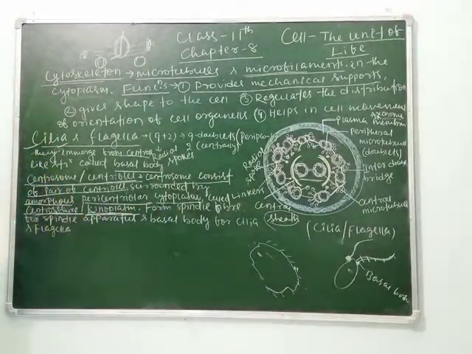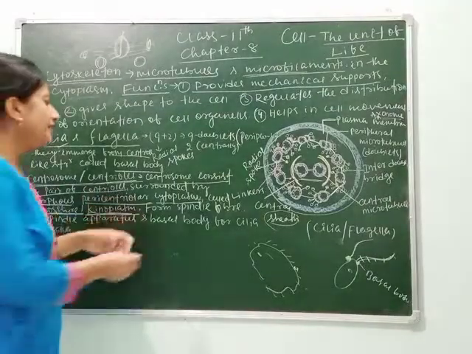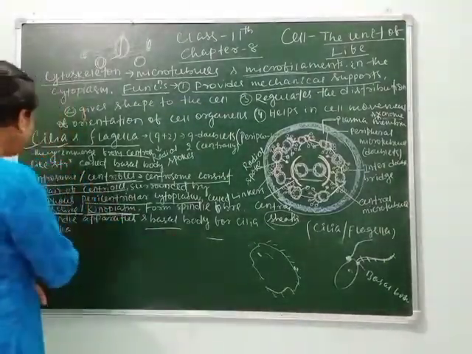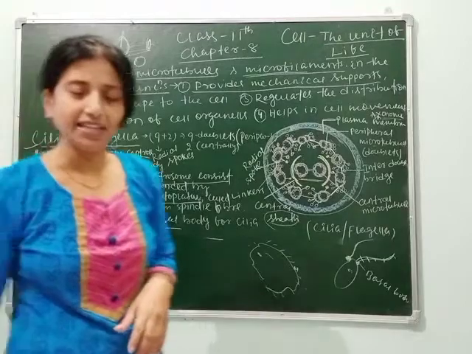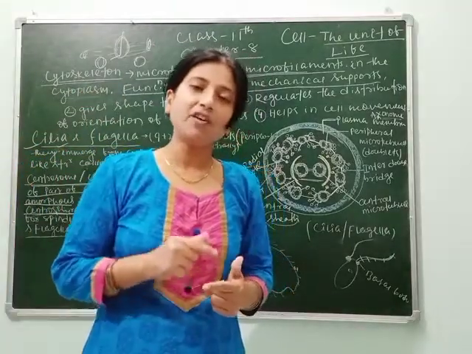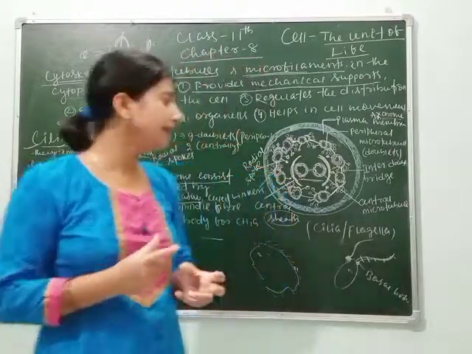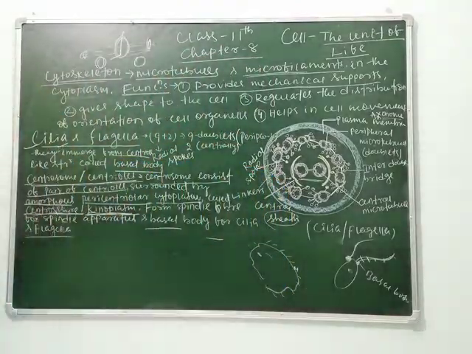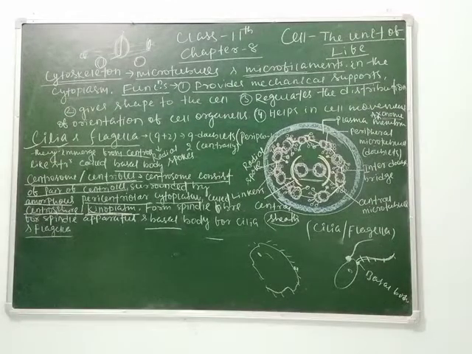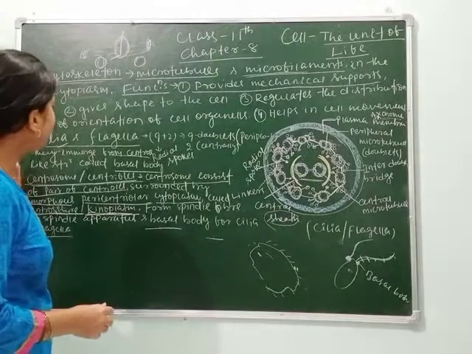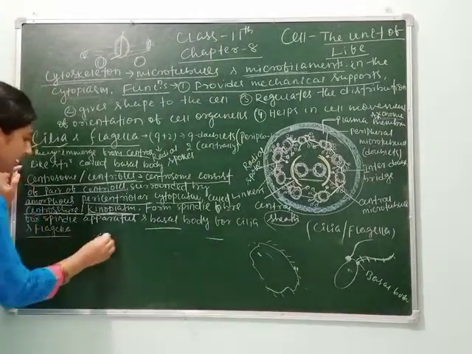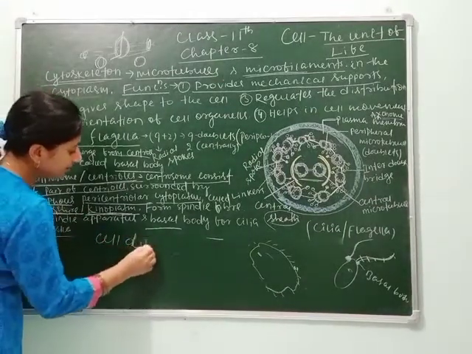This spindle apparatus arises from the basal body of cilia and flagella. It means the basal body acts as the source for cell division in some animal cells, due to which we can say that they play an important role in cell division in animals.